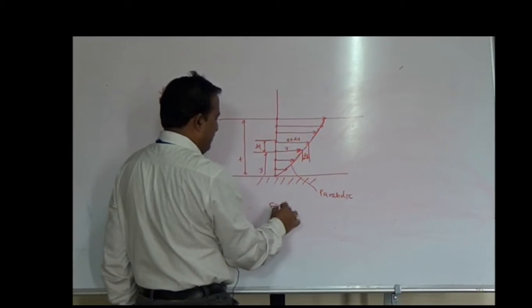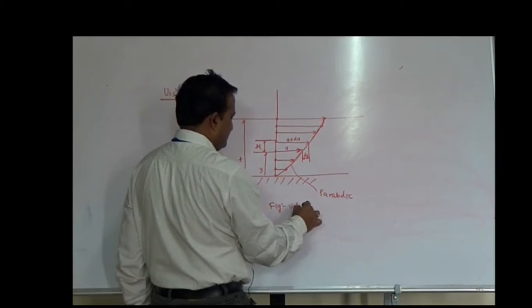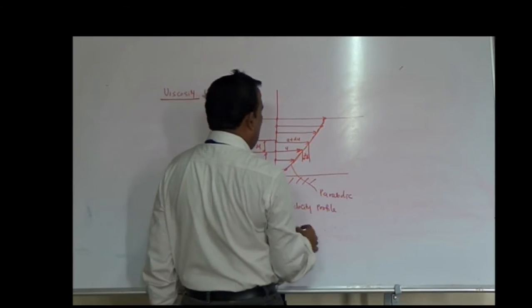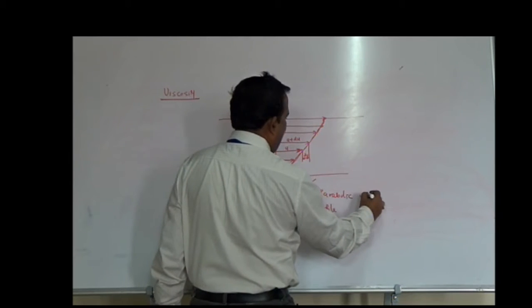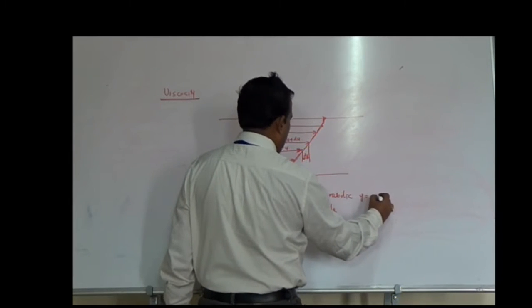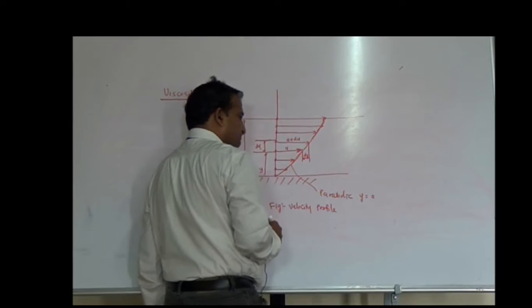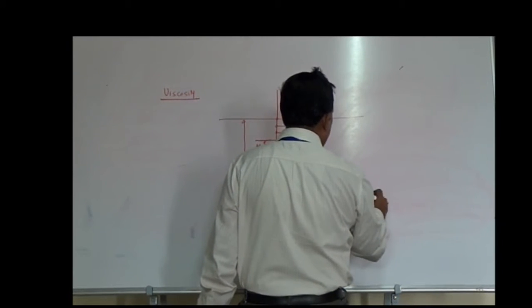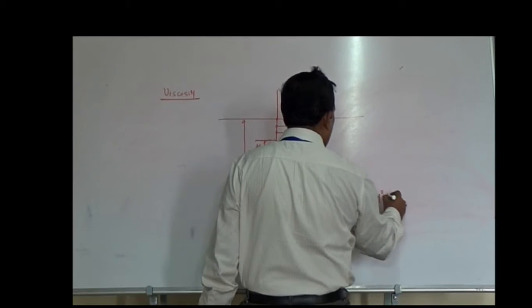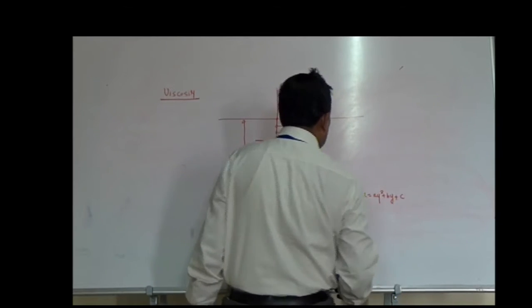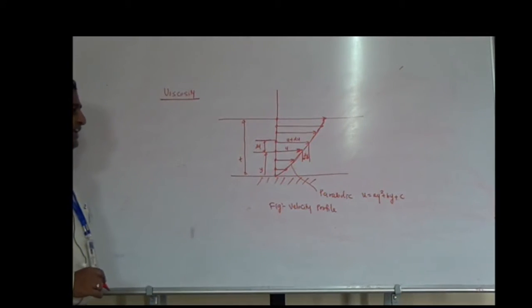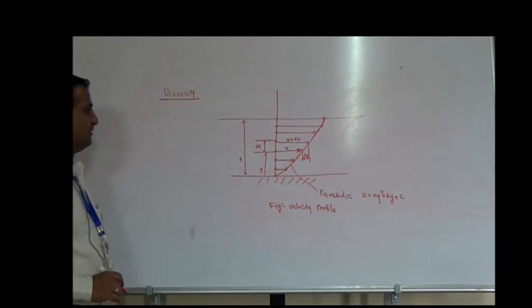The parabolic profile is u equal to a y square plus b y plus c. Okay, there are three constants which we can find by using three boundary conditions.